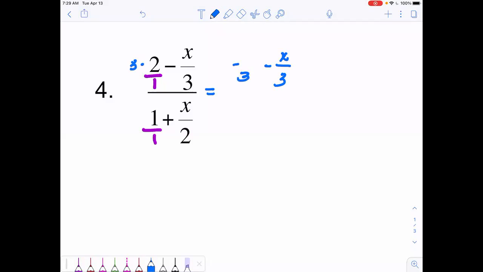So it becomes a 6. So I would have 6 over 3, which is the same thing as 2, minus x over 3. And then Ava, how about the denominator down there? So that 1 would become a 2. Yeah, 2 over 2 is the same thing as 1.